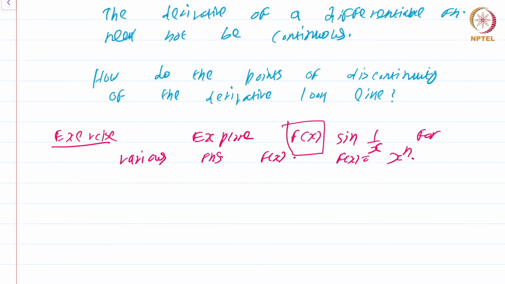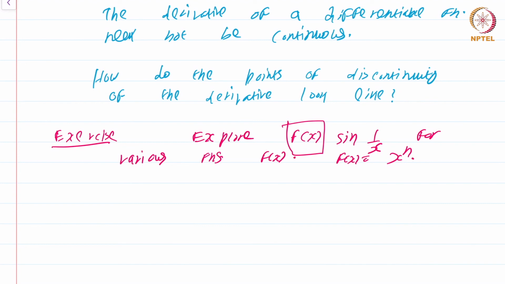So we have now seen some examples of differentiation, and we have also seen that the derivative does not always behave nicely. Even when you temper the sine 1 by x function appropriately, there seems to be some problem with the derivative.